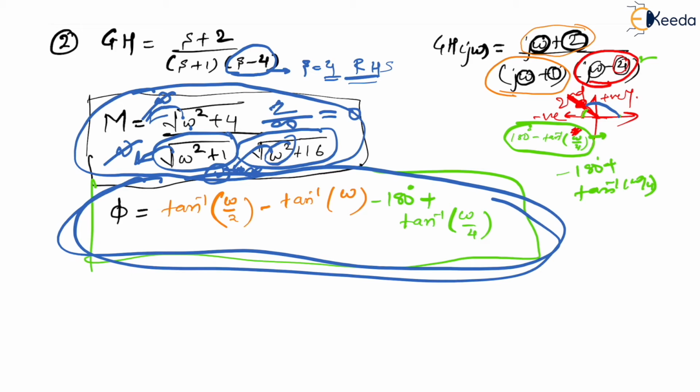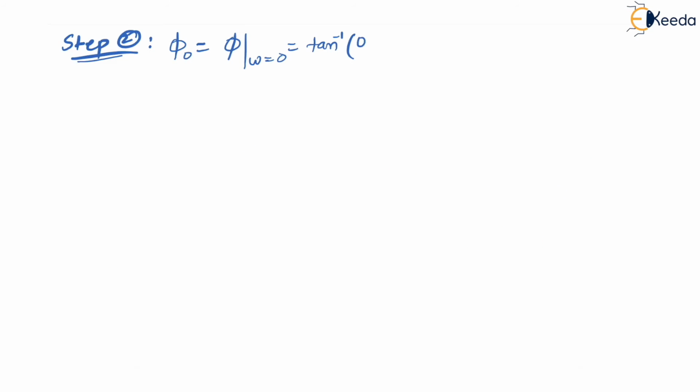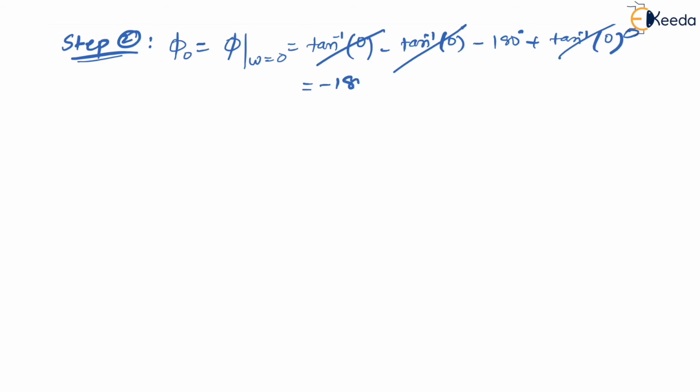So I get minus tan inverse of 0, minus 180 degrees which was already there, plus tan inverse of 0. This 2 will get cancelled. Tan inverse of 0 is 0, so everything is 0 except minus 180 degrees. That is nothing but phi 0. If I think of phi infinity, what do I get?